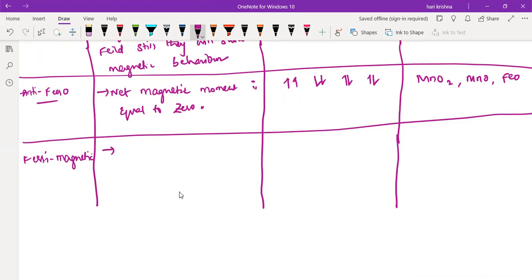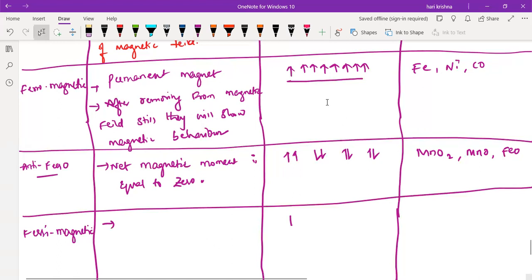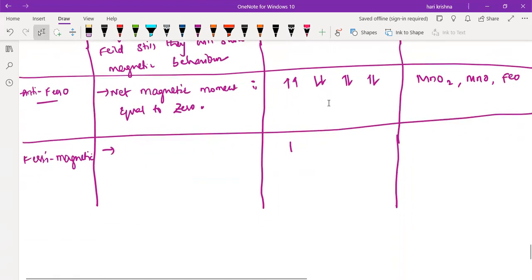So here the difference is, in the case of ferromagnetism, all the domains are in one direction. In the case of antiferro, all the domains are in different directions, but the number of positive spins is equal to the number of negative spins, so that the overall magnetic moment will be equal to 0.